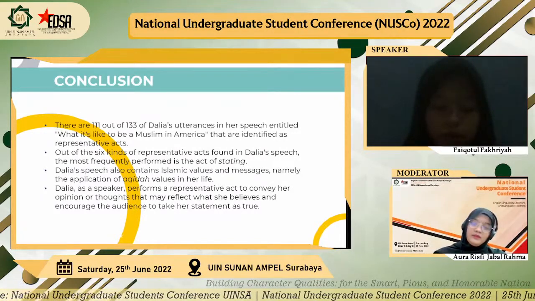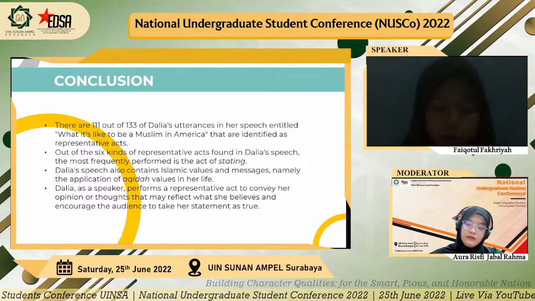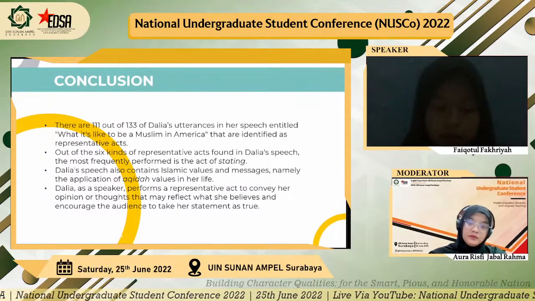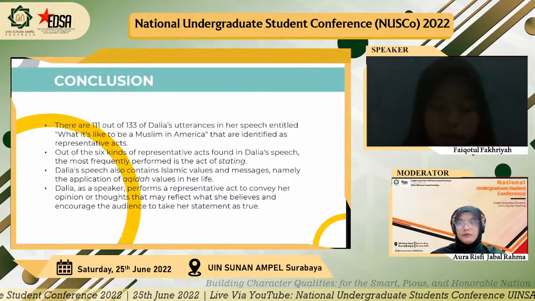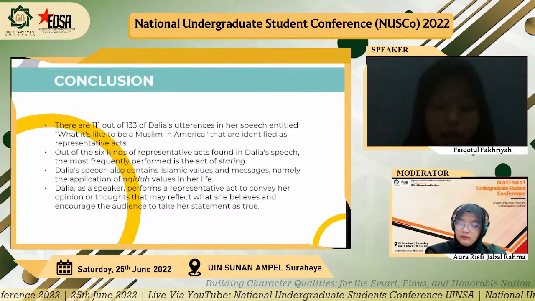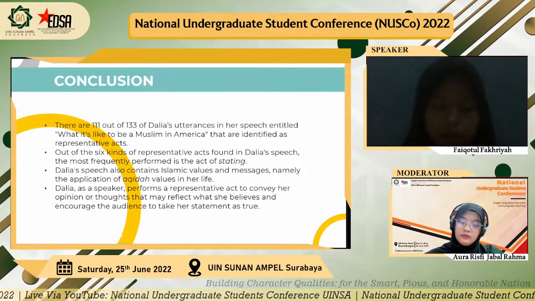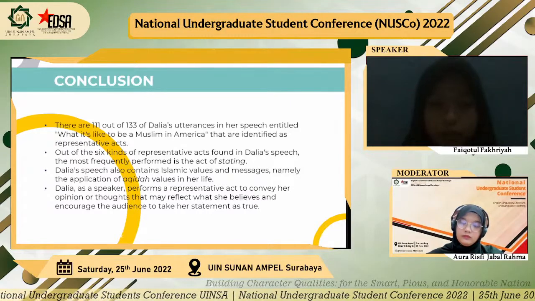Dahlia also tried to convince her audience about the truth of Islam, which she believes in. It can be concluded that Dahlia, as a speaker, performs a representative act to convey her opinion or thoughts that may reflect what she believes and encourage the audience to take her statement as true.